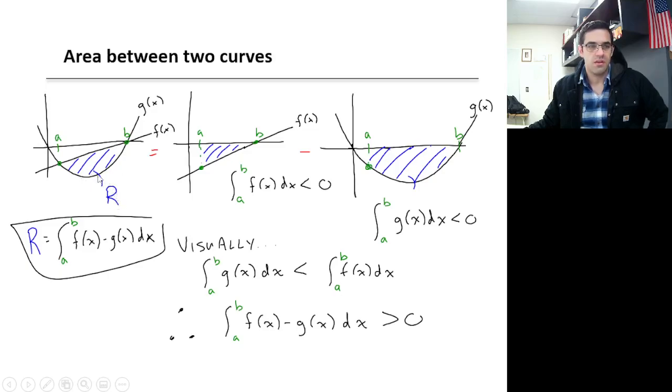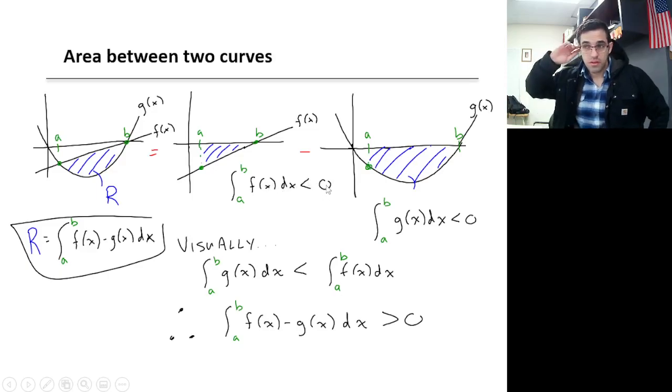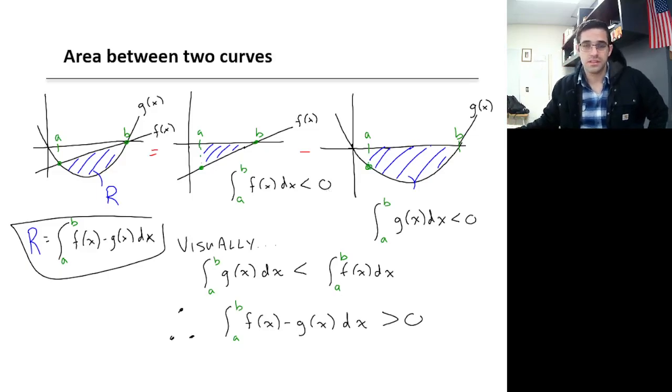If I consider that region R, I can find the area underneath the curve of f of x, which would actually give me the area above the curve, between the curve and the x-axis. And g of x would give me the same, above the curve all the way up to the x-axis. Those integrals would each be a negative number because they're below the x-axis.